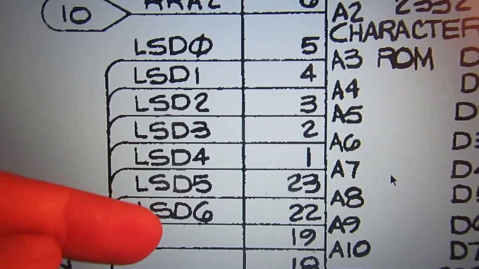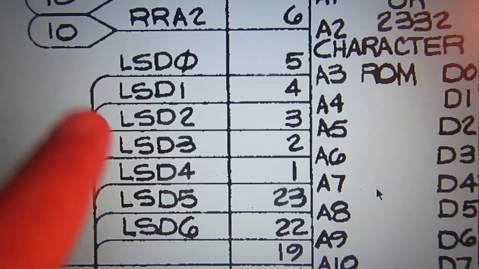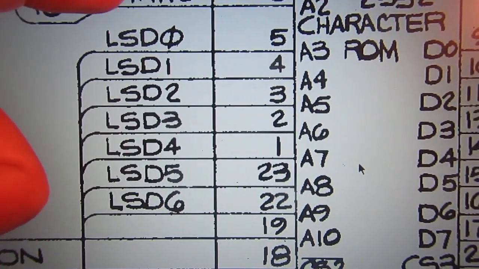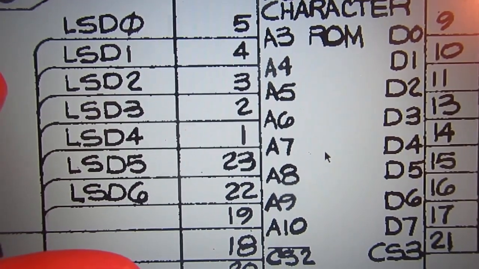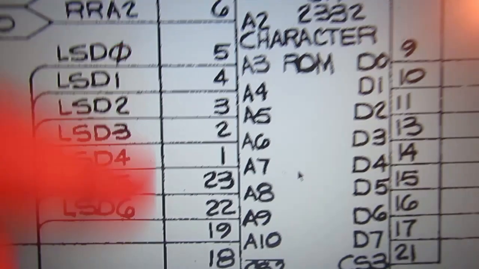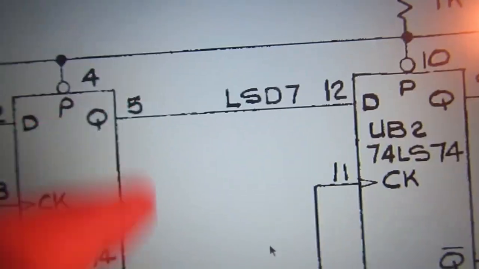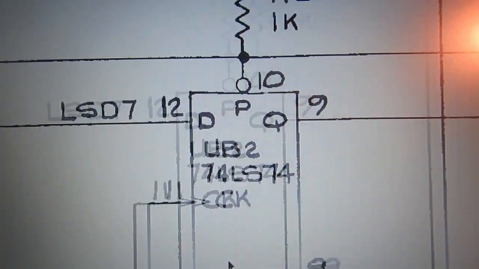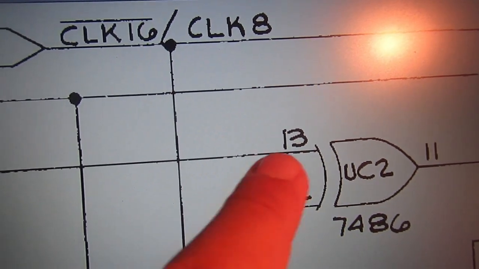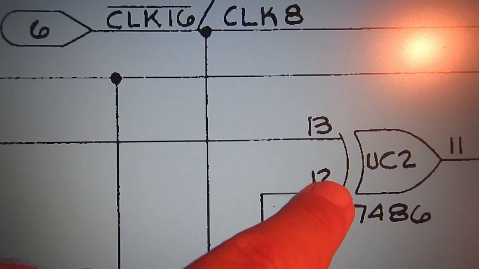Not all of them, only 7, from 0 to 6. So it means we can have 128 different characters on screen. And let's see what happens then with the 7th bit. It goes on a different path, but after that it goes to this gate, and we'll see what happens in this gate later. So let's get back to the ROM.